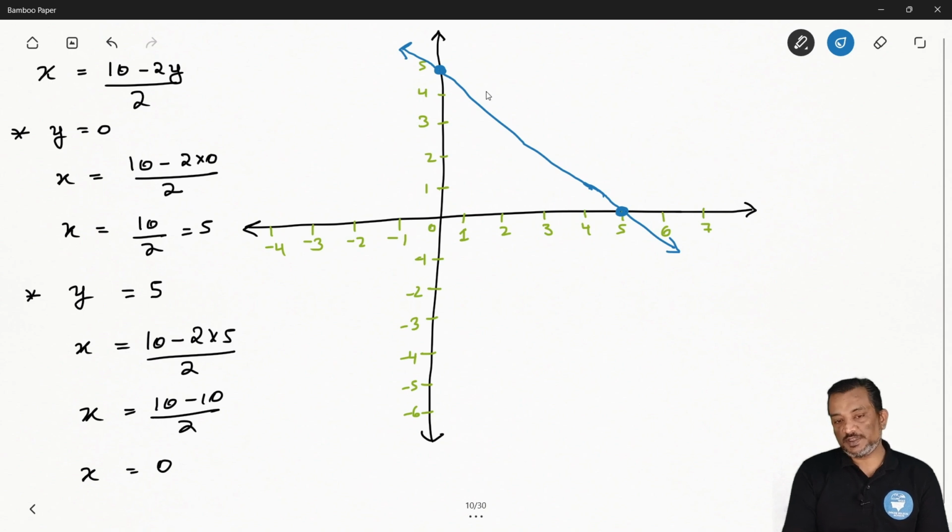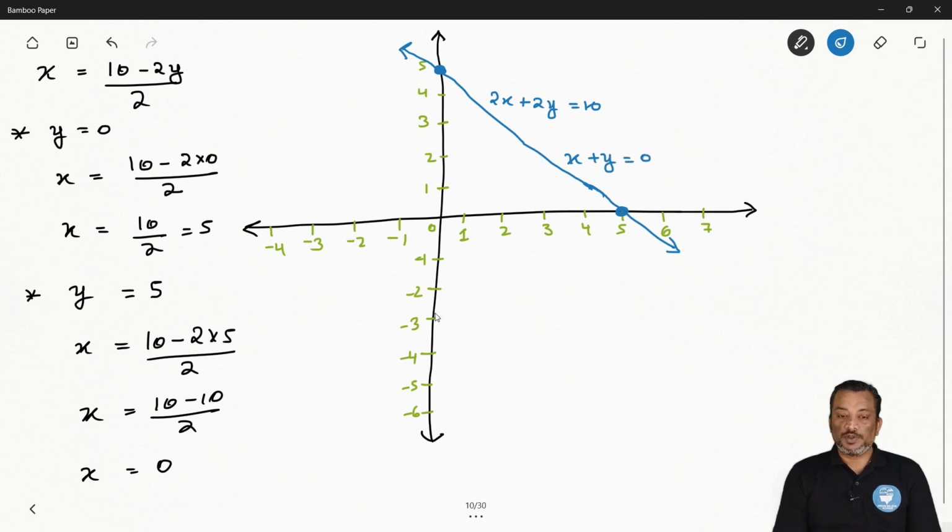Okay, so we will say, this equation are 2x plus 2y is equal to 10, and second one x plus y is equal to 5. Okay, clear? So this way we have to draw the graph. Okay, and also most important, mark the axis. This is y, this is x, this is y dash, this is x dash. Okay, clear?